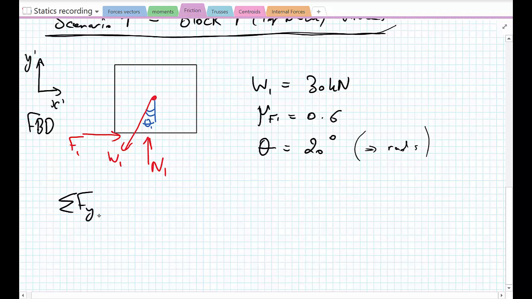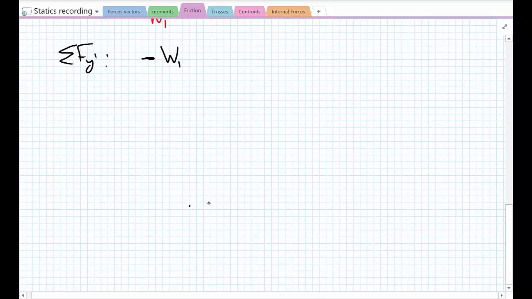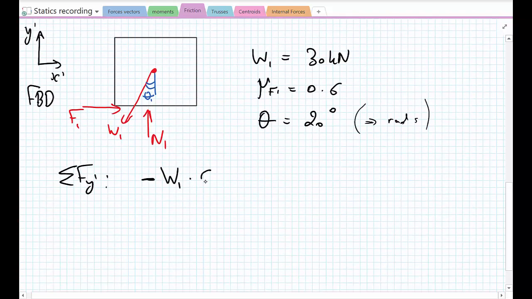So sum of the forces in the y dash direction, so we have pointing downwards, so minus W1 times the cos of the angle theta plus N1 pointing upwards in this y dash direction must be equal to 0. So we'll rearrange the equation and insert the known quantities.